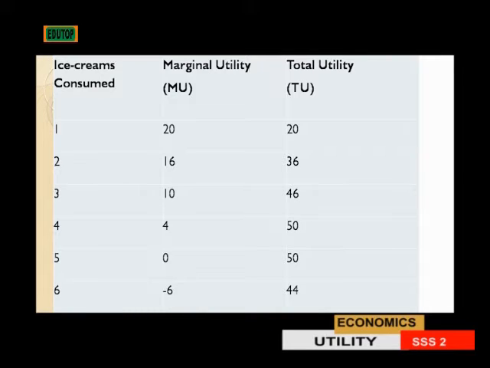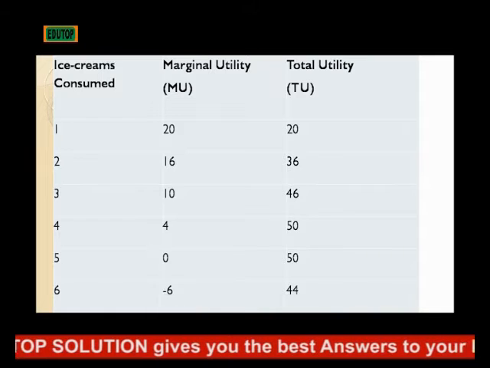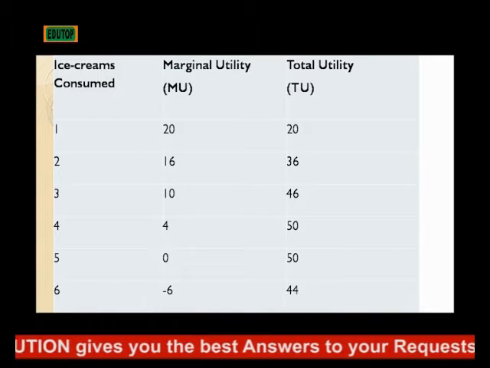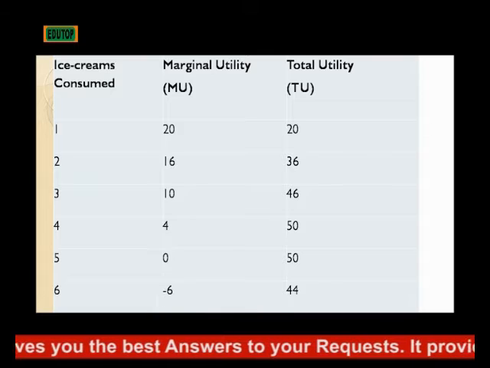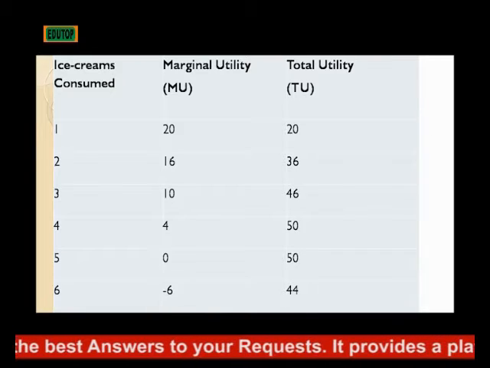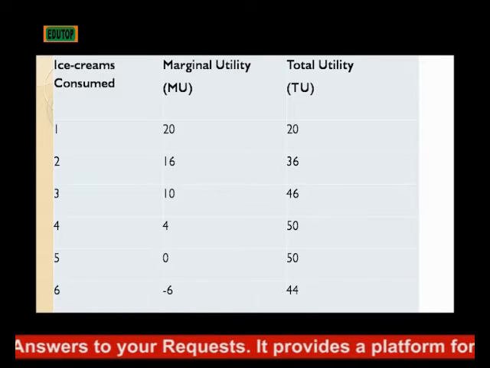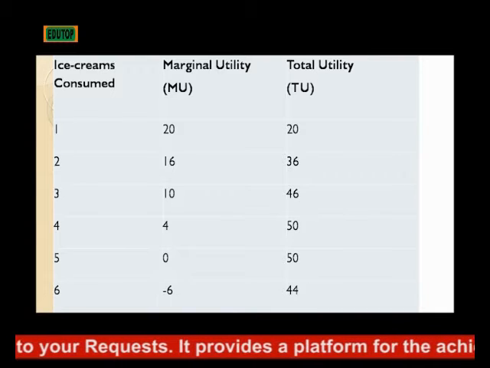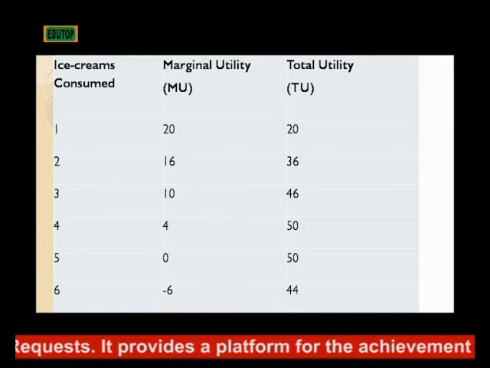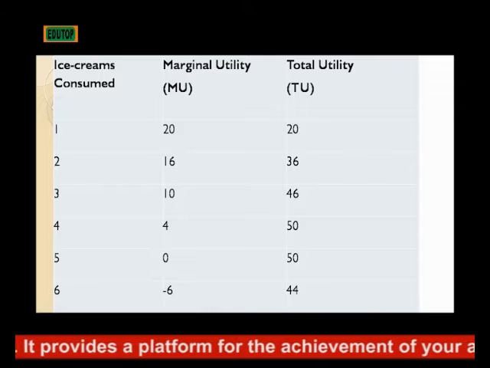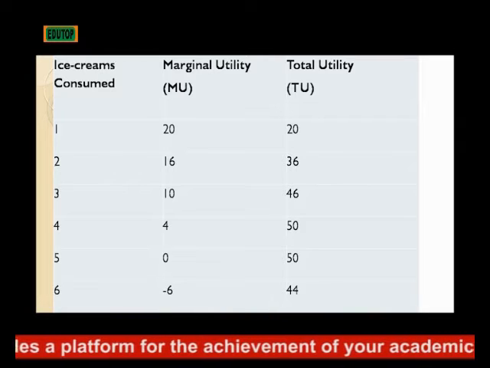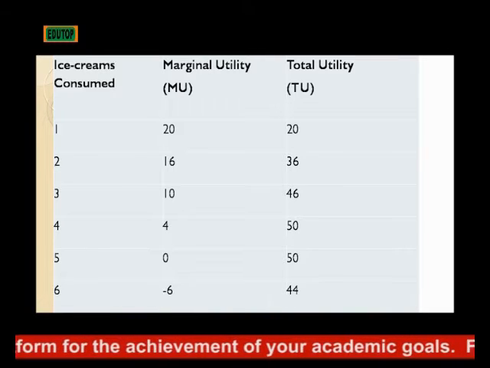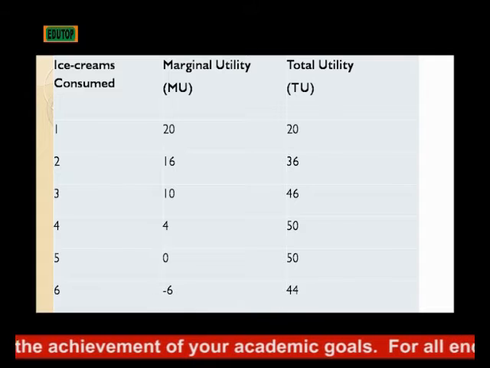And you discover that when the student consumed the first ice cream, the total utility was 20, and when the second ice cream was consumed, the total utility increased to 36. That means the difference between the first and the second utility is what we refer to as additional utility, which is 16.